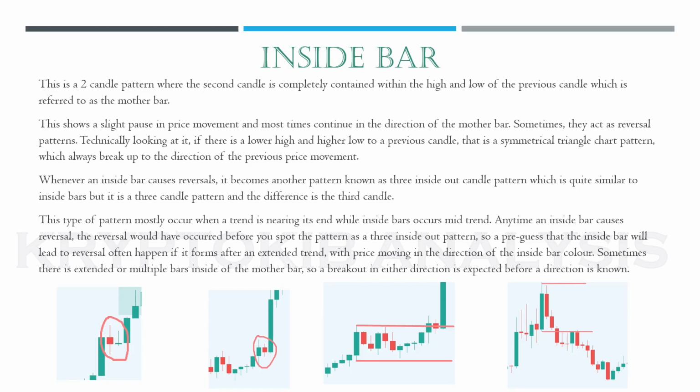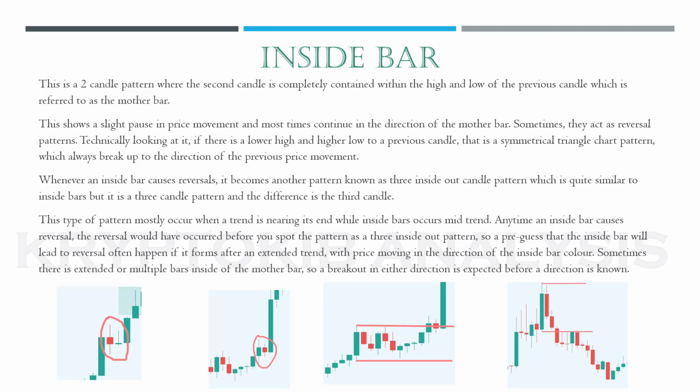So when you spot an inside bar at the bottom of a trend, you may predetermine that it's going to be a three inside out. And if it's from mid-trend, you believe it will still have a third candle, which may also break out, so you can still refer to it as three inside out. But then an inside bar is an inside bar.